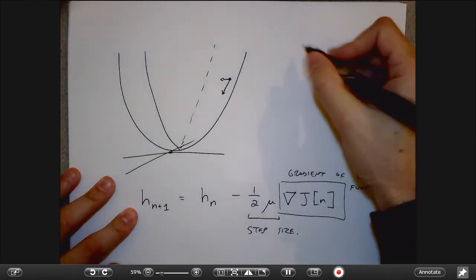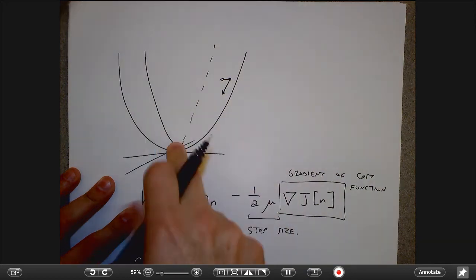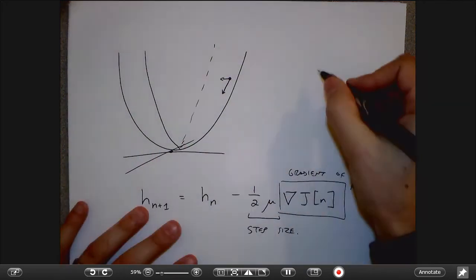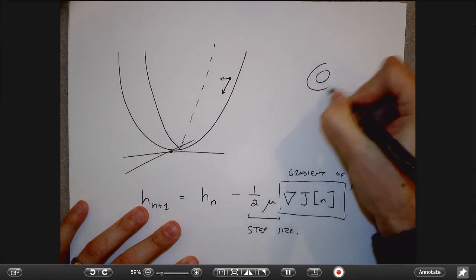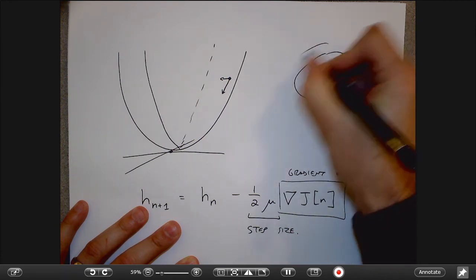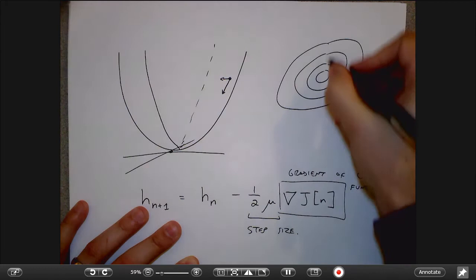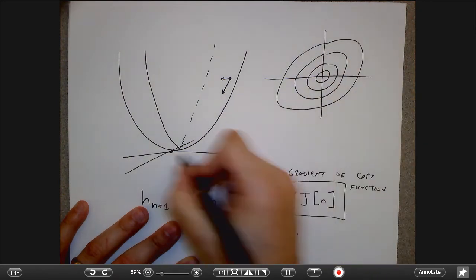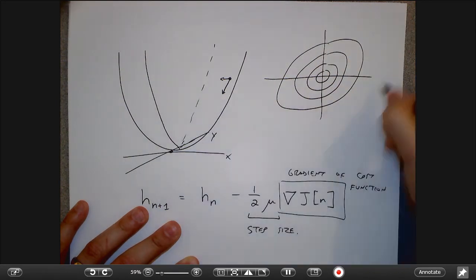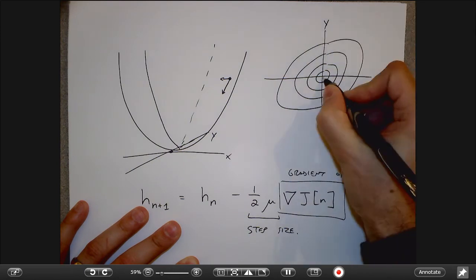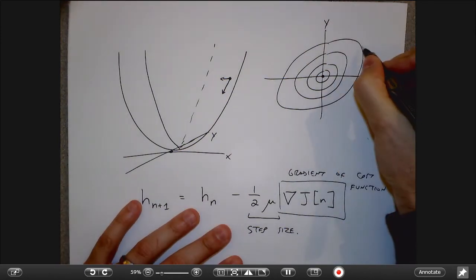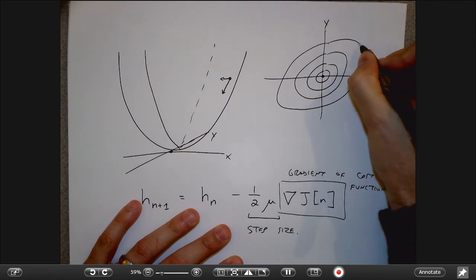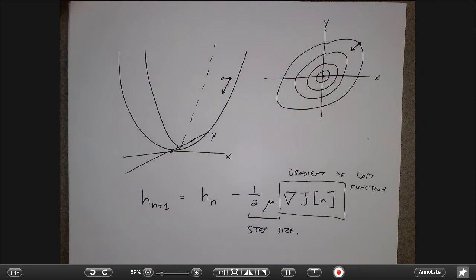If I think about the cross-section of this bowl, imagine that these are contours of the bowl seen from above. If this is xy down here, and this is xy down here, the minimum may be right in the middle. That's where I want to get to. The gradient at a given point like this points in the direction of fastest decrease.